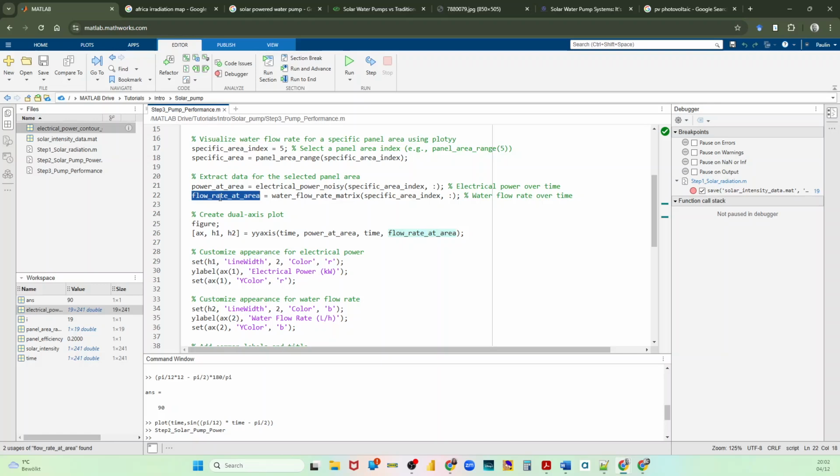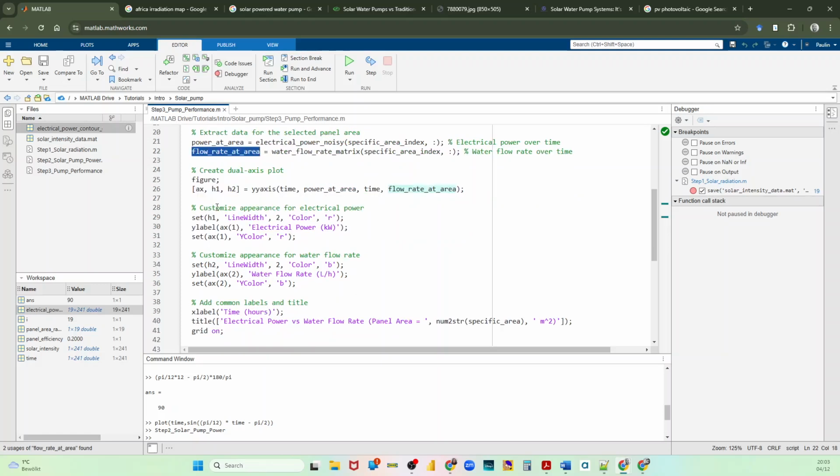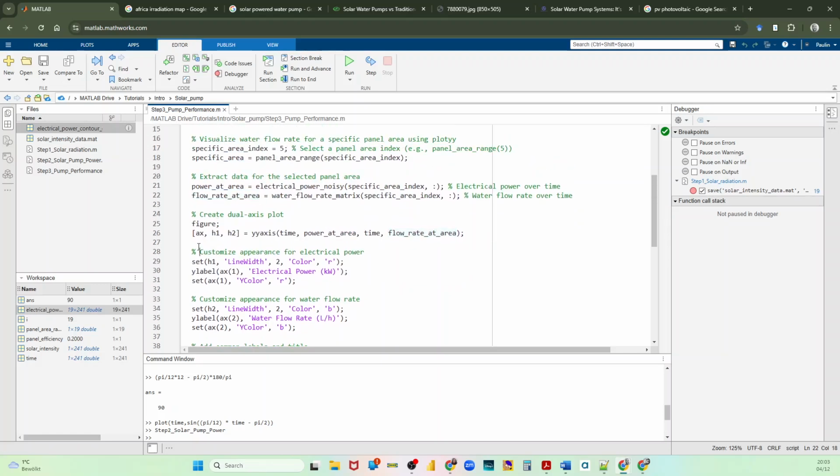Now, why is this important? It's worst case and best case, so that you're able to work within the uncertainty and not over budget or under budget. So now another plot, which is a plotting function, which is given here, is the yy-axis plot.